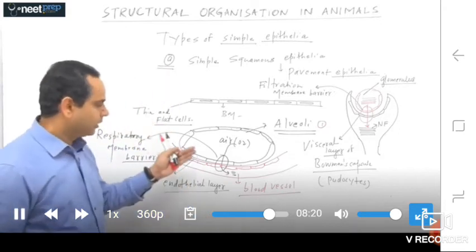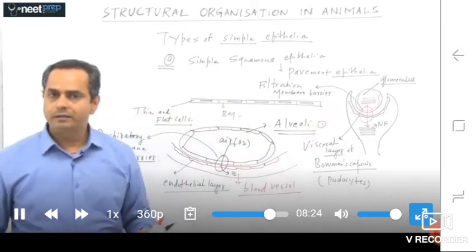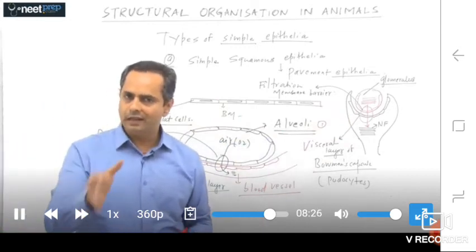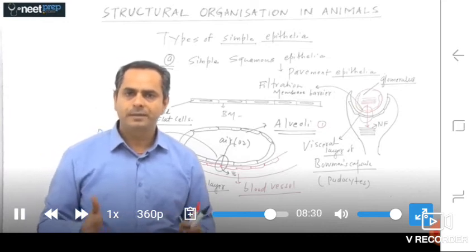So here we talk about diffusion of gas, here we talk about filtration of blood, and both require a very thin layer, and that must be characteristic of the simple squamous epithelia.